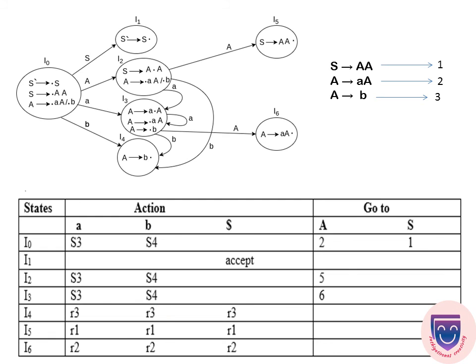Here I4, I5 and I6 all states contain the final items. That is because they contain the dot at the right end of the production. I4, I5, I6 are having the dot at the end of the production. So we have to do the reduce operation. For that we need to number the productions like this, 1, 2, 3.